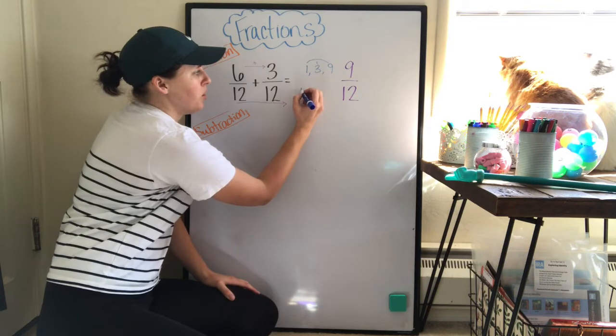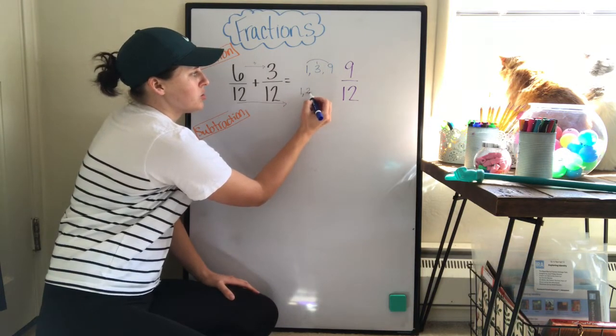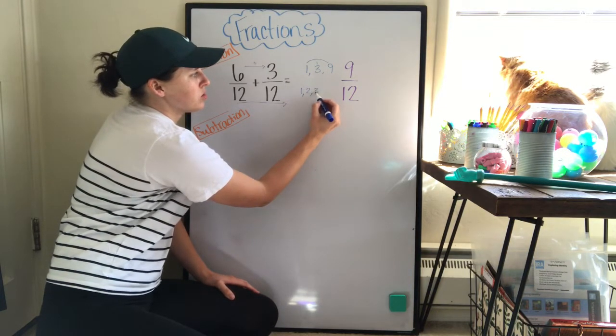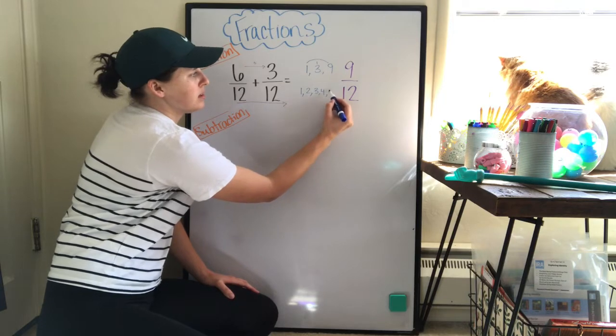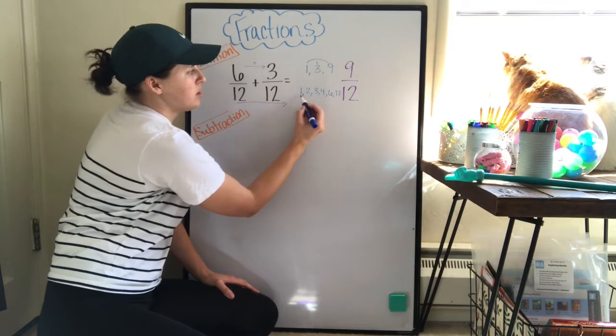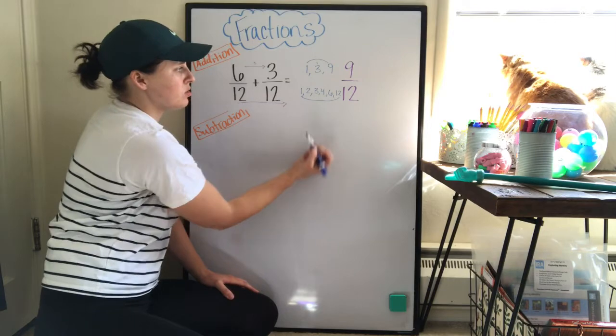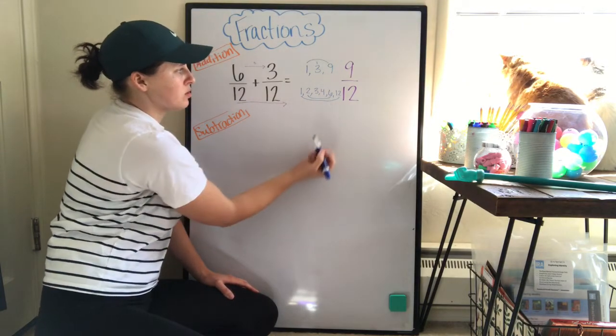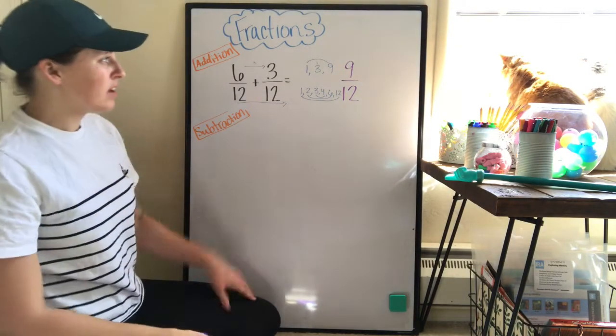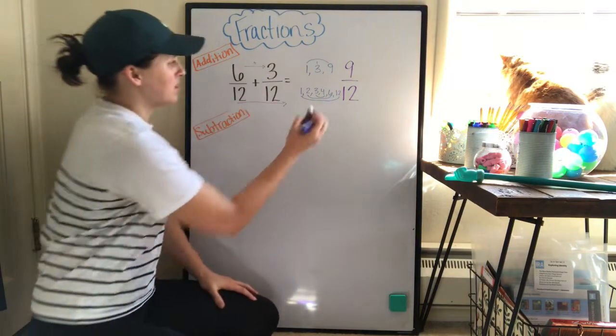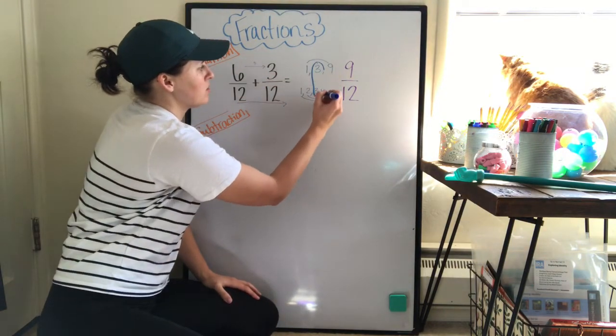Let's do 12. 1, 2, 3, 4, 6, and 12. 1 times 12 is 12, 2 times 6 is 12, and 3 times 4 is 12. And the only number on both sides is 3.